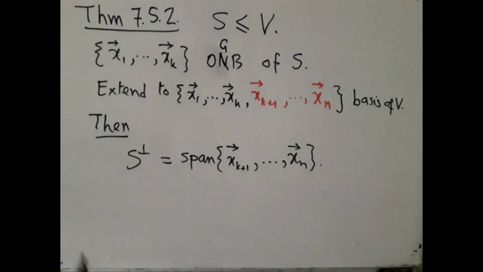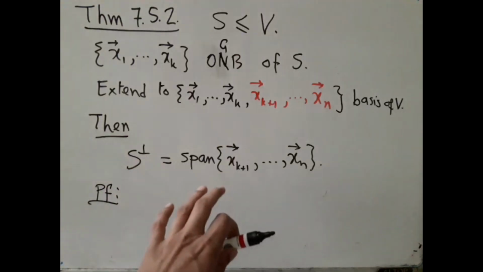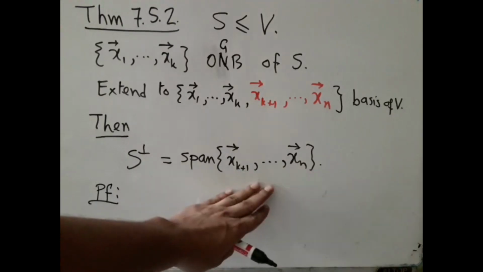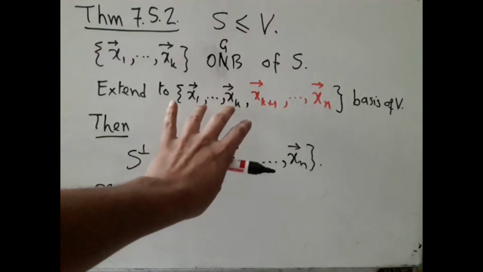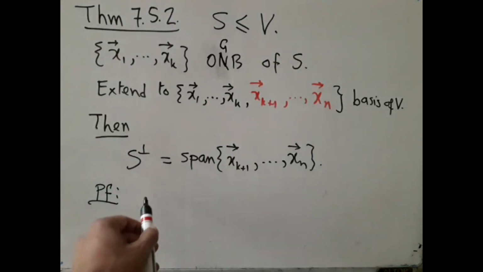So let's just do the proof in the following way. One half is very obvious. If I take anything here, that is bound to be perpendicular to all the xi's, and as a result orthogonal to S. Now for the other half, I will proceed like this.